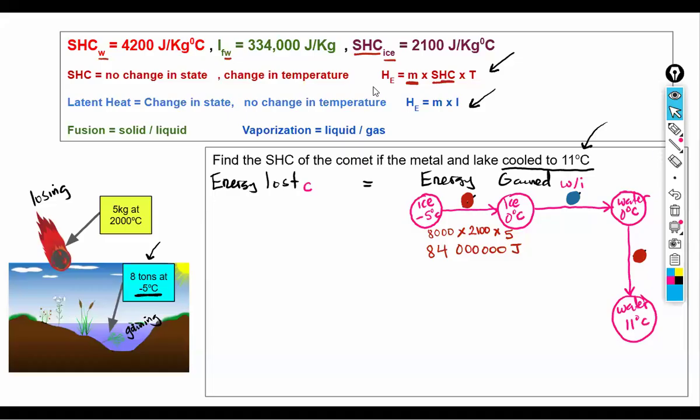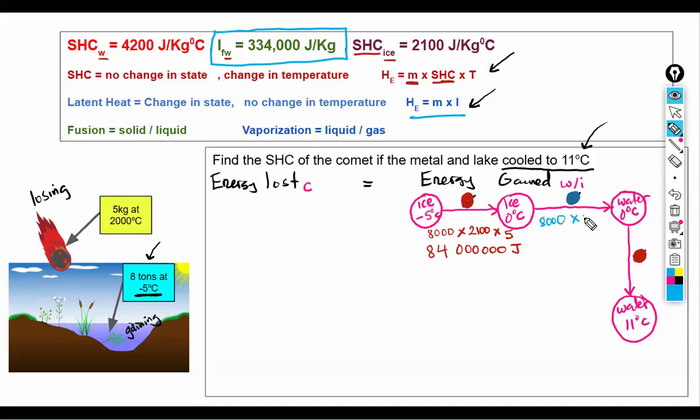Second part, the blue formula. Remember this formula here. So the mass is 8,000 and the latent heat of fusion of water. Now, when you say fusion and water, that means it's changing from ice to water or water to ice. Fusion is for melting scenarios, from liquid to solid or solid to liquid.